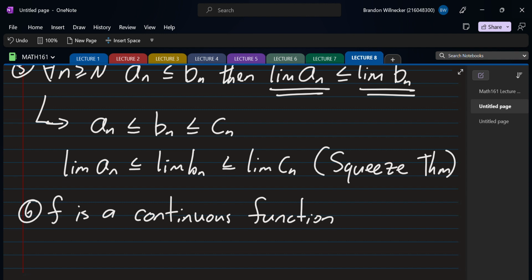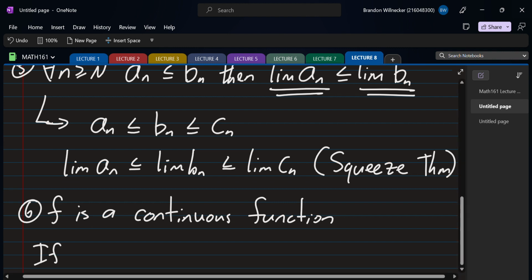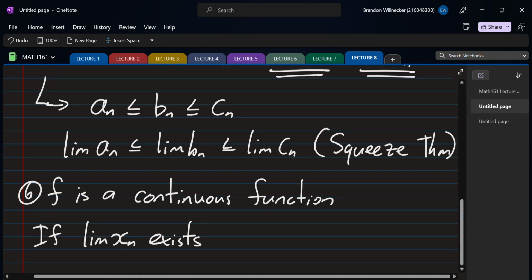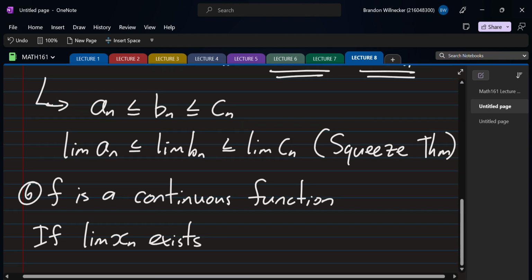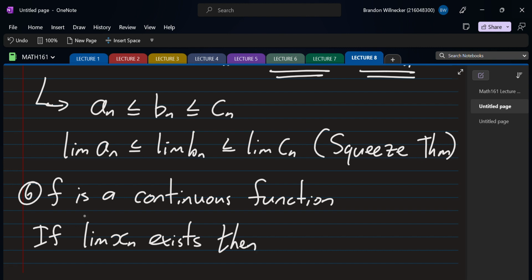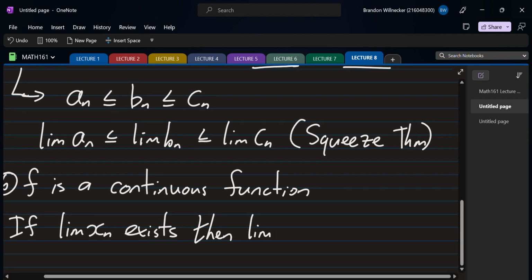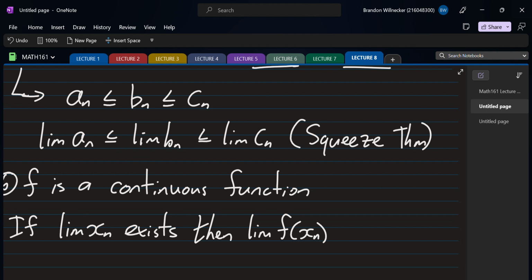So let's say f is a continuous function, then if the limit of xn exists, so we have some sequence xn, if the limit exists, then the limit of f of xn, so now instead of taking the individual xn elements, we take the limit of the function of those elements. Okay, this is equal to f of the limit of xn.